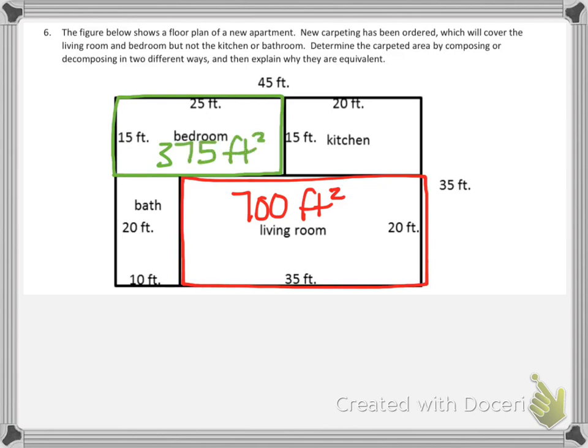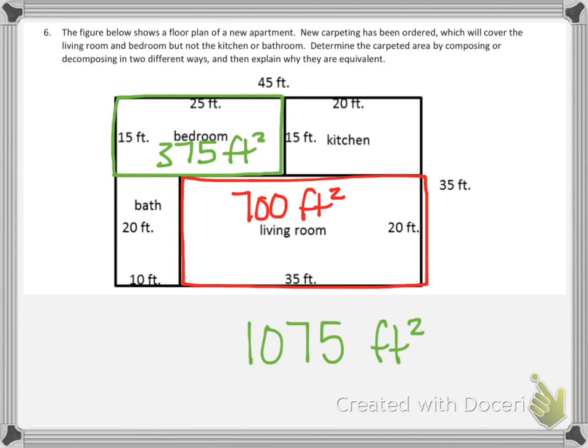And we need to determine the carpeted area by composing or decomposing. And so all I did was decompose. I found the living room, 700. I found the bedroom, 375. Add them together, I get 1,075 square feet. And that's decomposing.